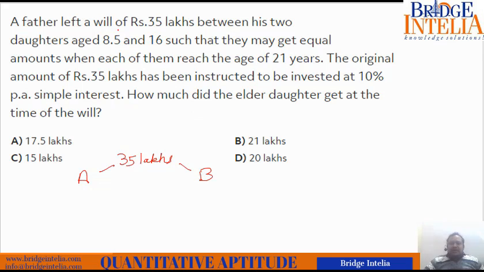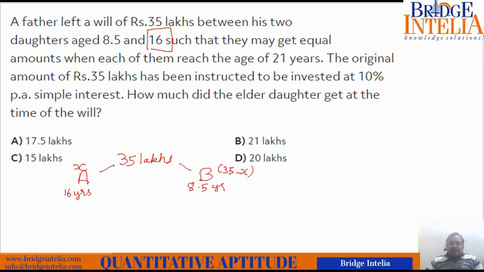So A's age was 16 years, whereas B is only 8.5 years old. So he gave some money to A. Let's suppose he gave X lakhs to A. So the remaining money, that means 35 minus X lakhs, he gave to B.